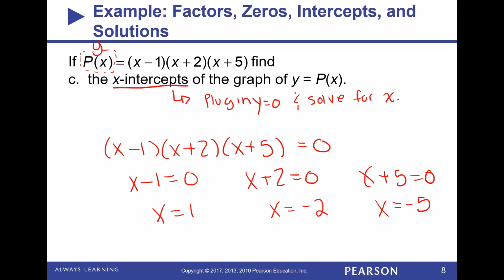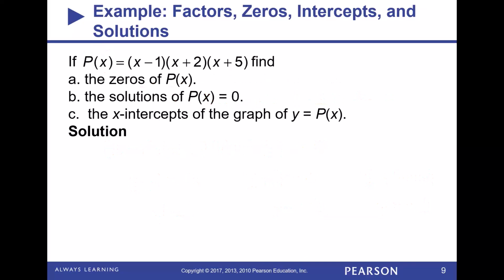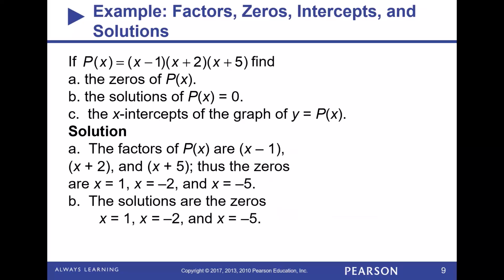No matter what direction I use to work my way through this, each one ended up being very similar in the solving mechanisms. So just keep that in mind as you're working your way through these. Whether I said zero, solution, or x-intercept, all of them came out with the exact same answer.